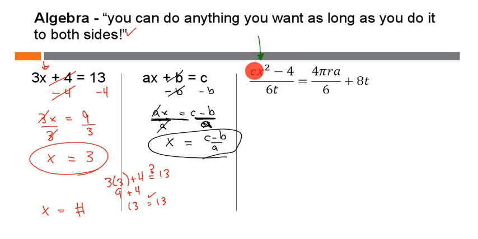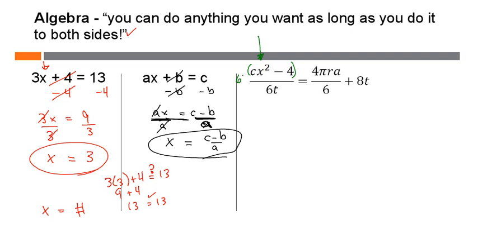But you see how the whole top is kind of tied up with that division bar? I'm taking the entire top. I could even put some little parentheses around that, and the whole top is divided by 6t. If I could get rid of that 6t, then that would be just grand. The opposite of divided by 6t would be to multiply by 6t.